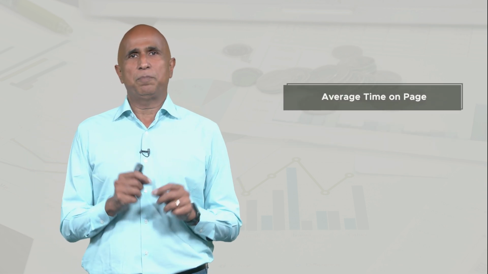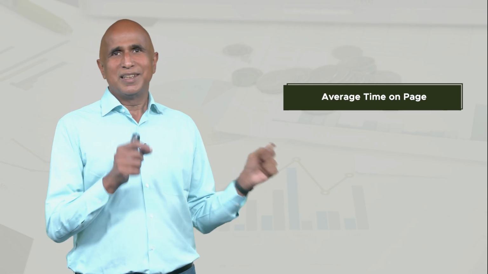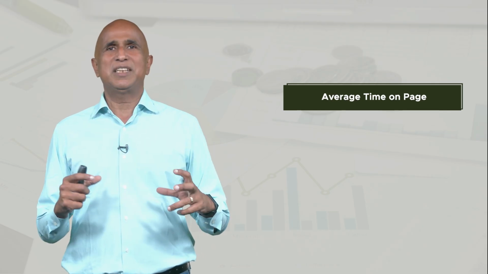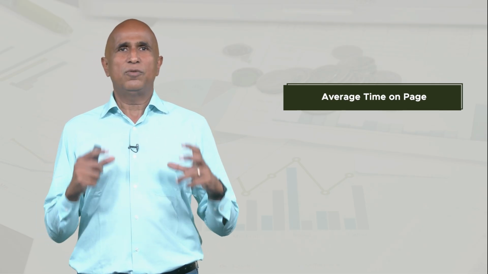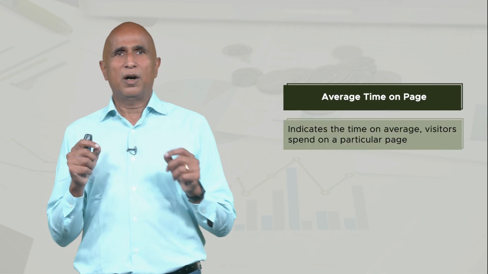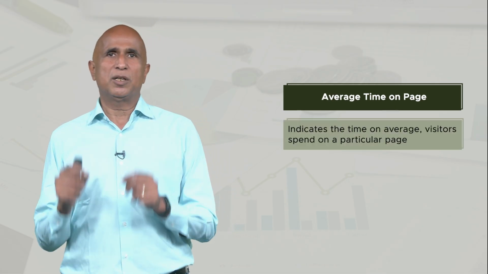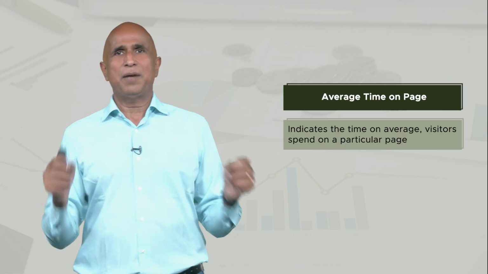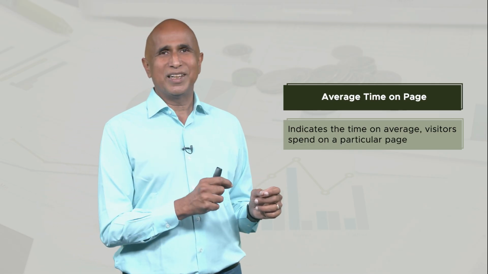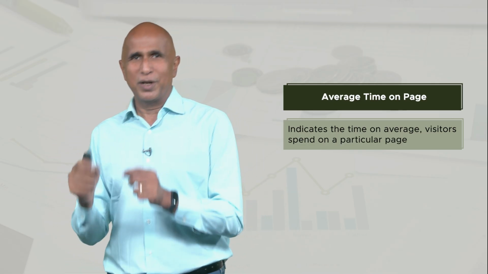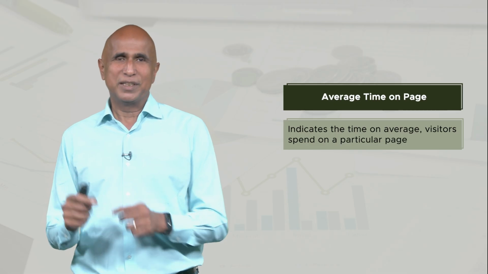Average time spent on page. While it's important to get the traffic, ensure the traffic does not bounce, does click through. After that is how well do you engage with the viewer. How long on average do visitors spend on a particular page? Longer times suggest more engaging content, more chances of your monetizing that particular viewer.